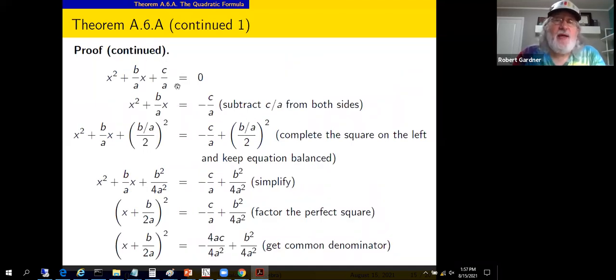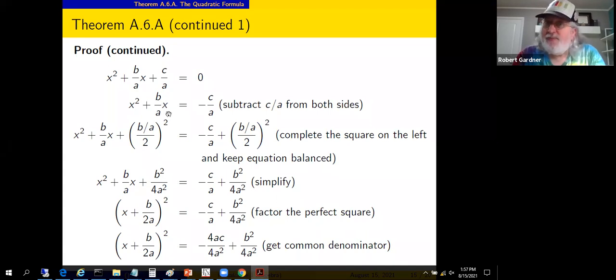Let's take the c over a to the other side. It becomes negative. Subtract c over a from both sides. All right, we can complete the square on this. How's that? You take the coefficient of x, divide it by 2, and square it. Passing comment here. When we dealt with completing the square, we had something of the form x squared plus bx.